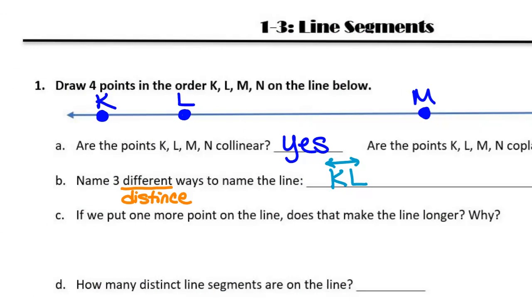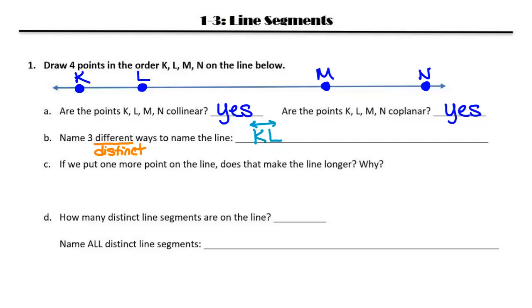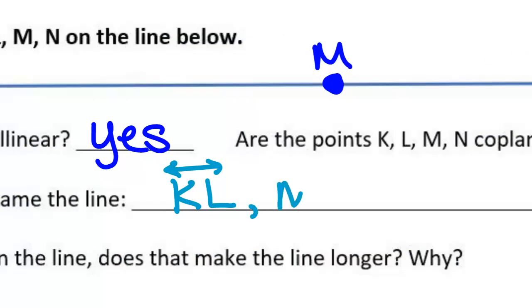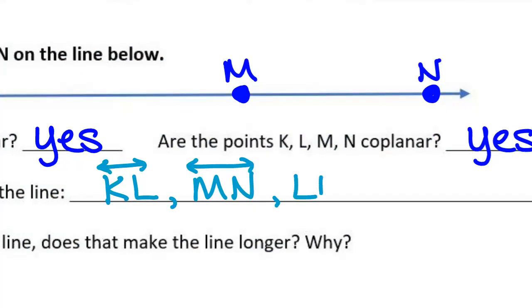If I want something to be distinct, which I just realized I misspelled, there we go. There has to be at least 1 letter different. Can you guys give me another distinct name for this line up here? What'd you say? MN, yes. MN would work. Can somebody give me 1 more? LM. That would absolutely work.